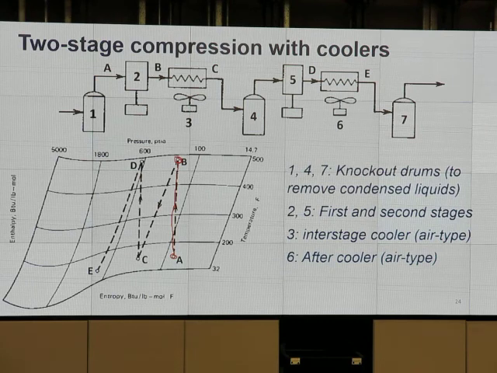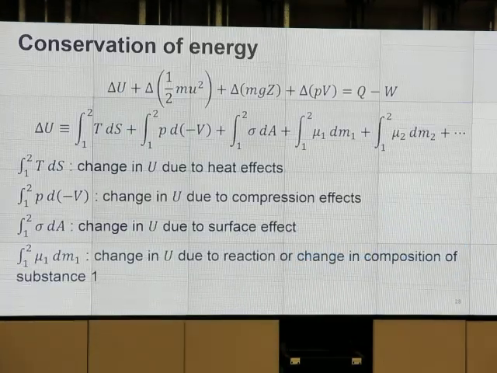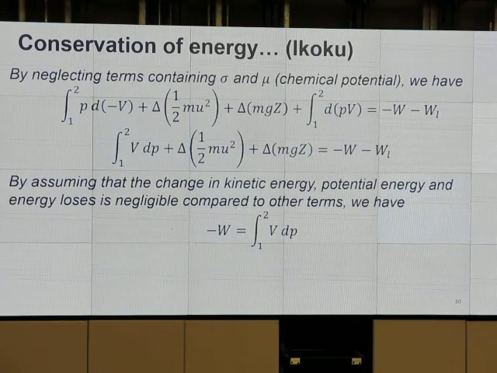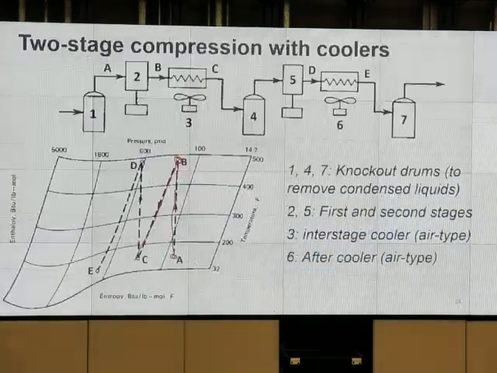To cool it down, we need to use an aerial cooler, reducing the temperature while pressure stays constant. And actually you already used that kind of equation, the n delta T, in the example. You remember that?